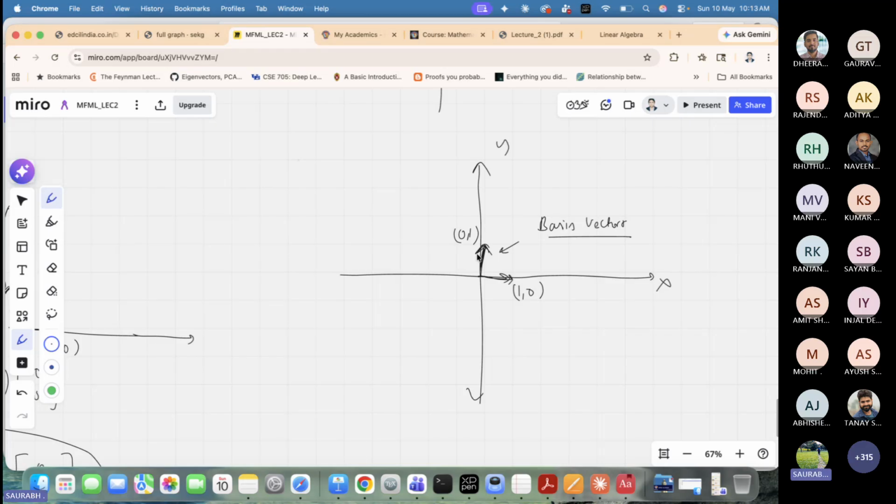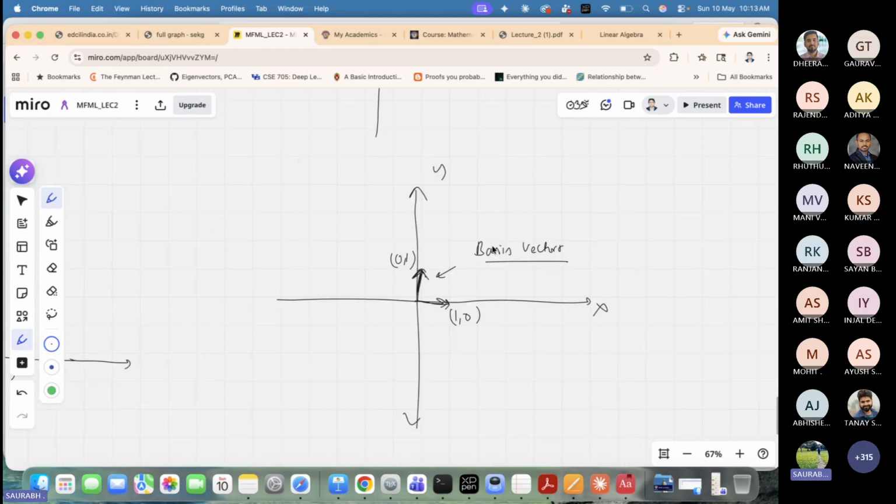So for vectors to be a basis, there are two important things. First, they have to be linearly independent, plus they have to exhaust the entire space, or span the entire space.